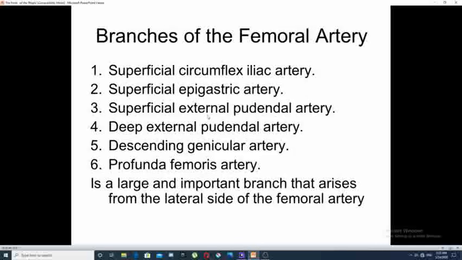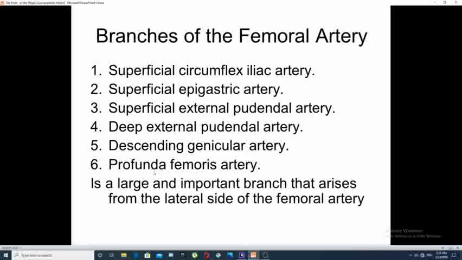Branches of the femoral artery are the superficial circumflex iliac artery, superficial epigastric artery, superficial external pudendal artery, deep external pudendal artery, descending genicular artery, and profunda femoris artery.